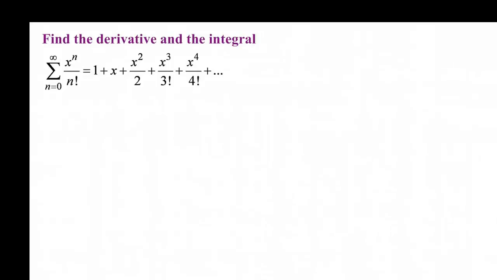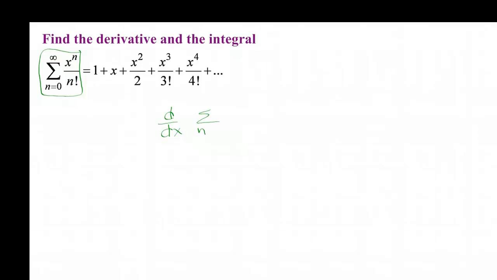Now here it says find the derivative and the integral. We find that for this general term, we do sometimes have the need to take the derivative of it. We rarely have the need to take the integral of it, just by the way that they set up their AP questions for free response. But it is something that we need to practice taking the derivative of, because we do have to do that sometimes.